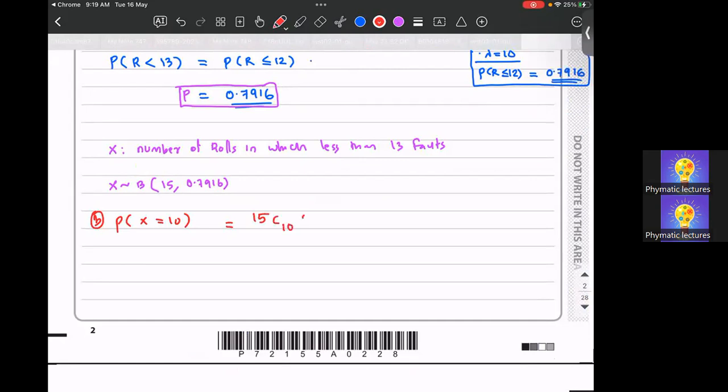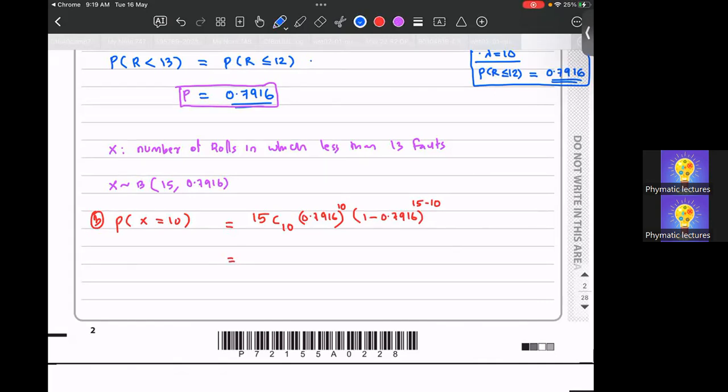Times the probability of success, that is 0.7916 to the power of 10, into the probability of not success, that is 1 minus 0.7916, to the power of 15 minus 10. Clear? If you input these values, that is your part, you can do it.